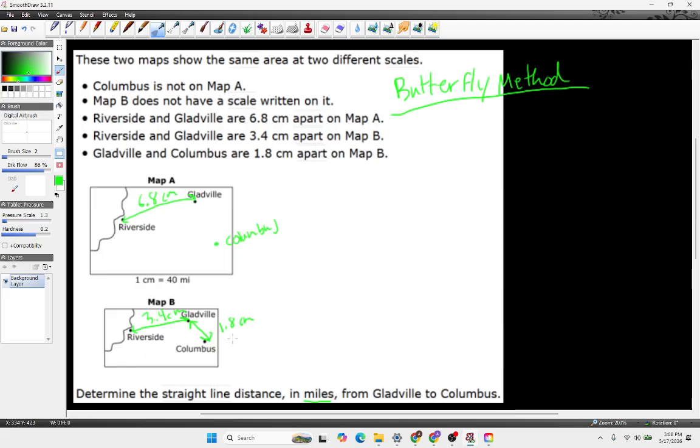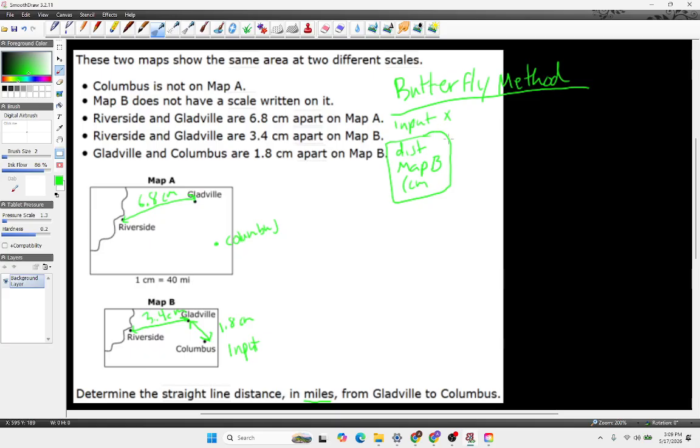So the value I'm given that I'm starting out with is this 1.8 centimeters. That's all I know as far as Gladville to Columbus. So the distance on map B is going to be my input, or my x, in centimeters. This is where I'm starting.